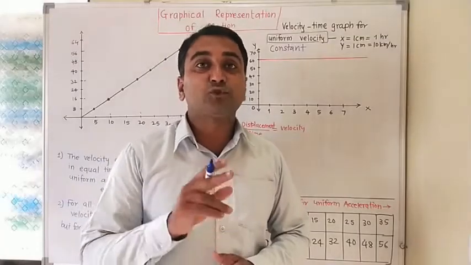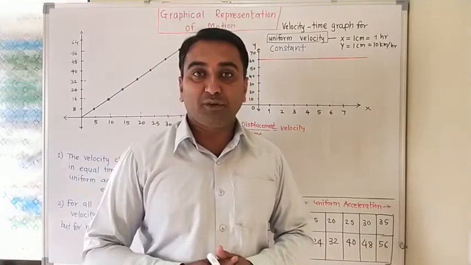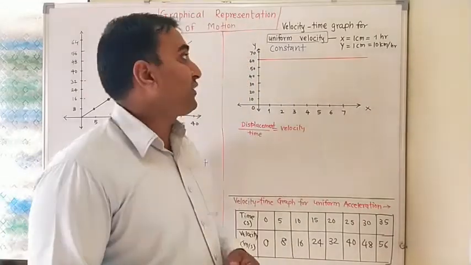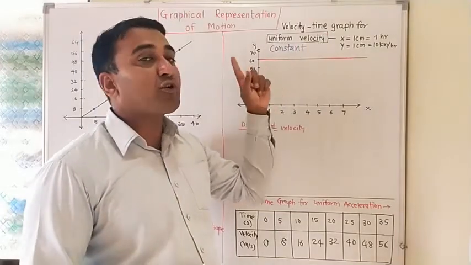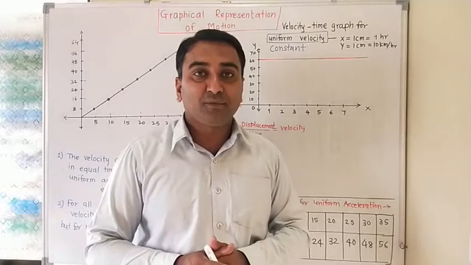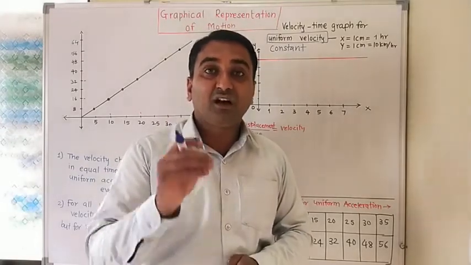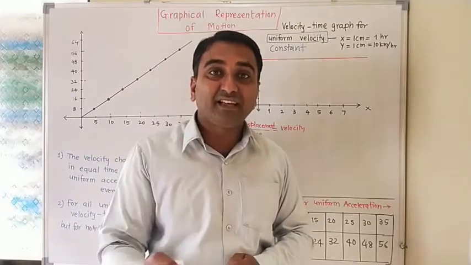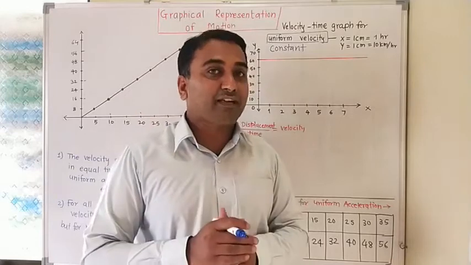After discussing these two graphs for uniform motion and non-uniform motion, the third graph we are discussing is the velocity time graph for uniform velocity. See, what is meant by uniform velocity? Uniform velocity is that velocity in which it is always covering equal distance in equal intervals of time.